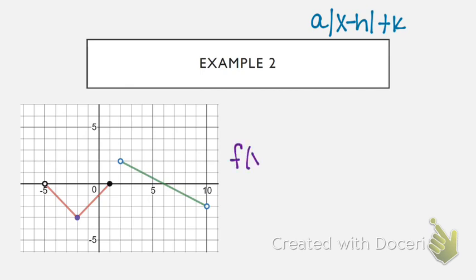So when we're writing our function f of x, it's going to have two parts because I have two parts to my equation. So the first part, or the left part, is my absolute value. It's my V. And my vertex here is negative 2, negative 3.